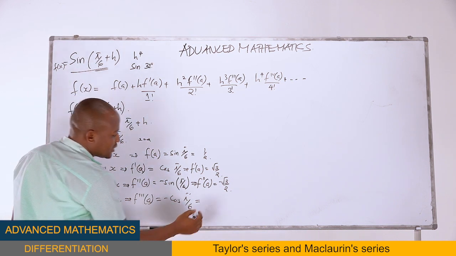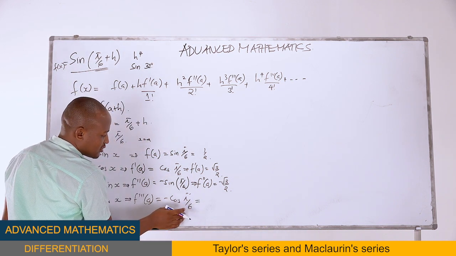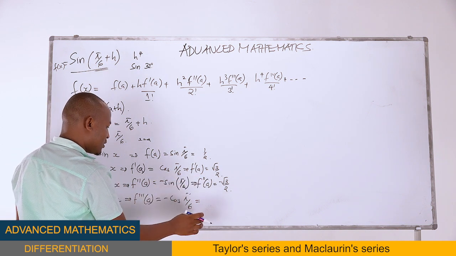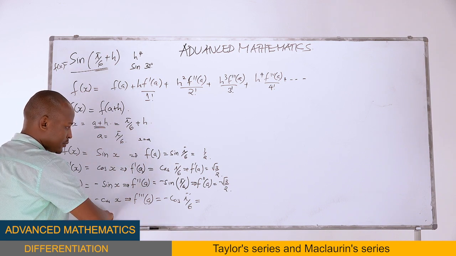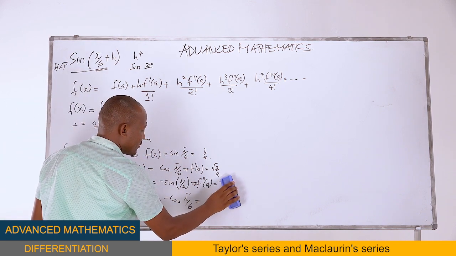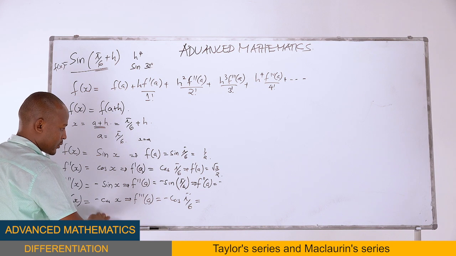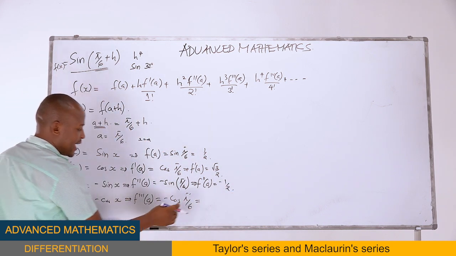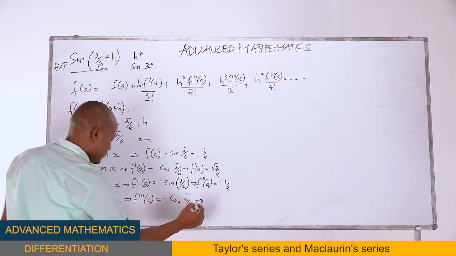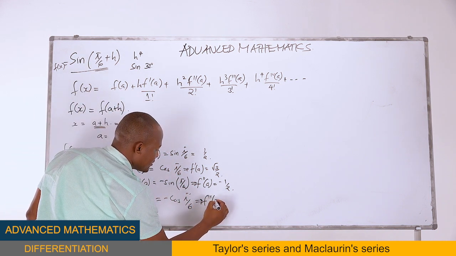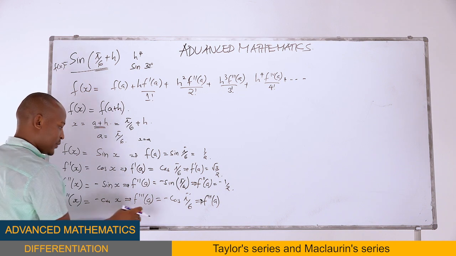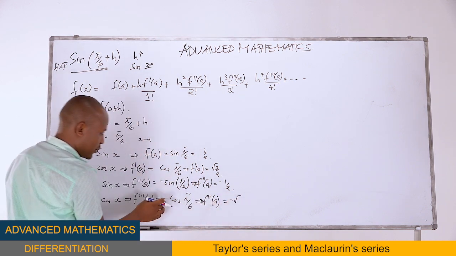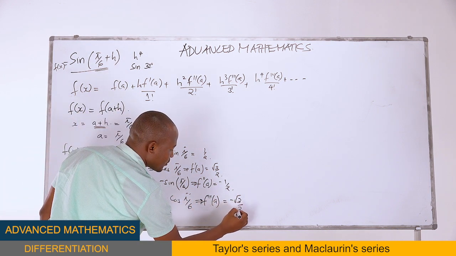The cos of pi over 6 is root 3 over 2. Oh, sorry, there is a half. So it is negative a half.